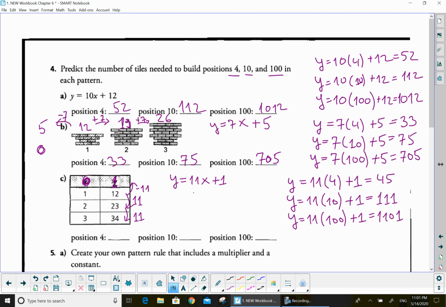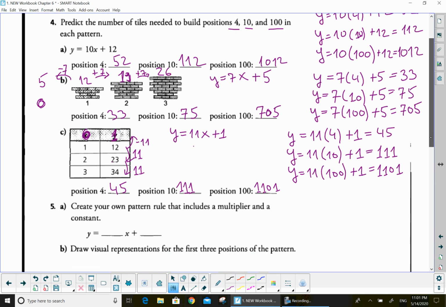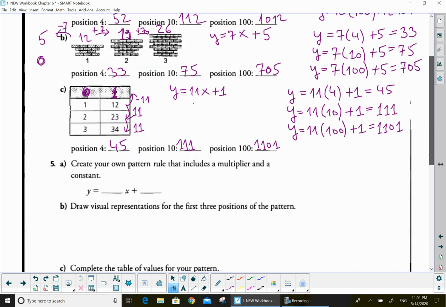So 11 times 4 is 44, plus 1 is going to be 45. 11 times 10 is 110, plus 1 is 111. And 11 times 100 is 1100, and plus 1 is 1101. There we go. So that's our number of tiles for positions 4, 10, and 100.